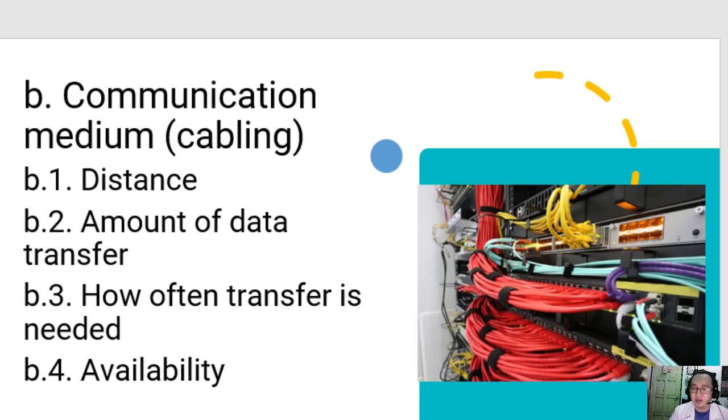Consider, for example, busy internet or phone lines getting clogged up, or calamities like typhoons, which will affect communication lines. Availability refers to the cost, the transmission speed, the number of users, and weather conditions of communication.